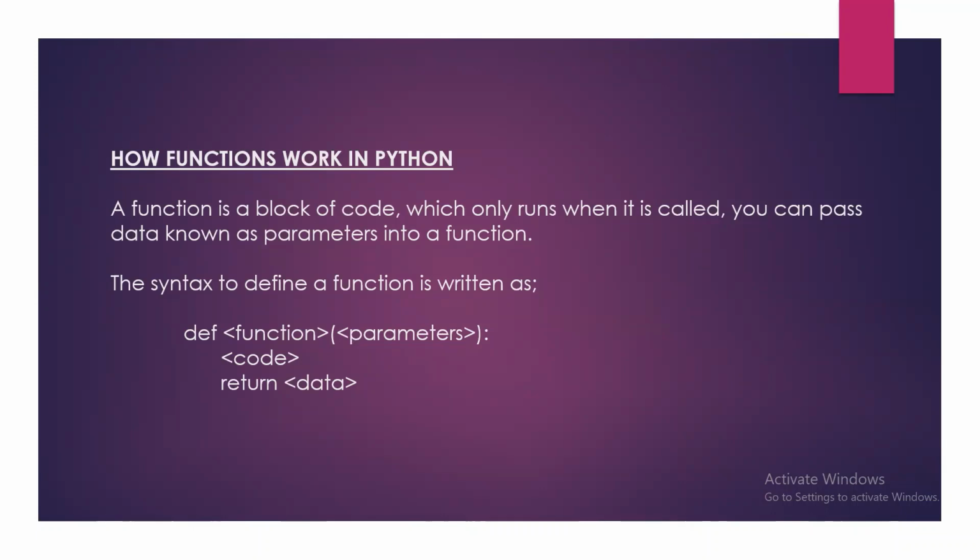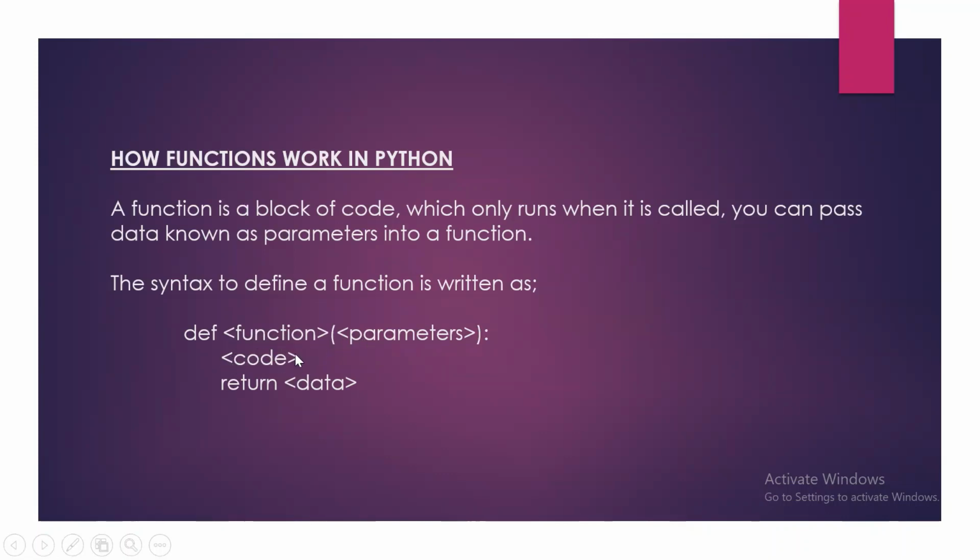To create or define a function, we use the define keyword, def, and then we write the function name which we want to create, and then we define the parameters upon which we want to perform the specific function.